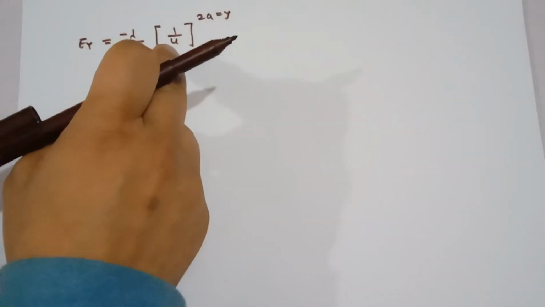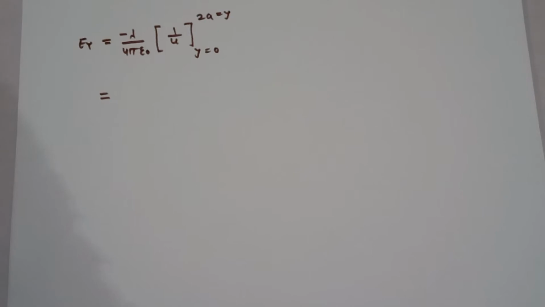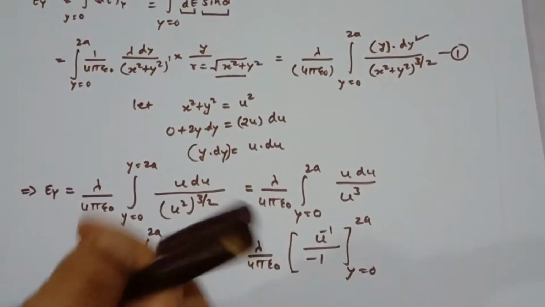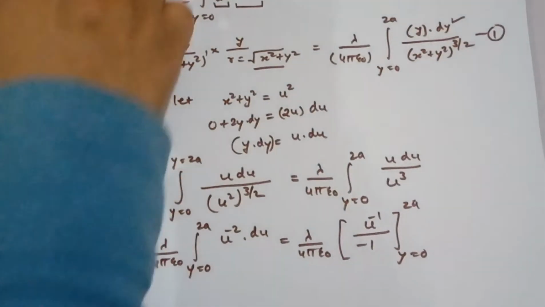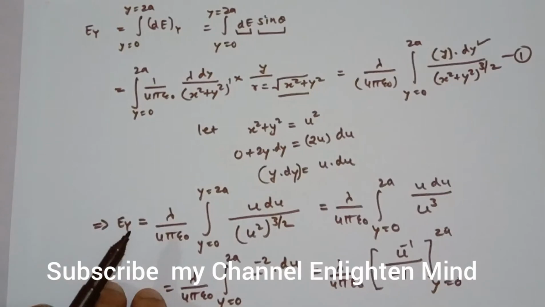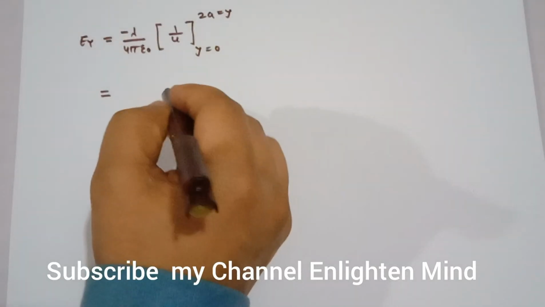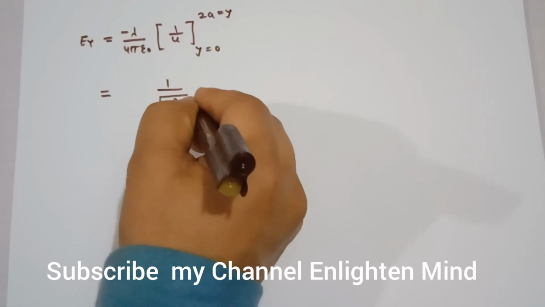Okay, so now here this is for y, right? So it means that u now has to be replaced in terms of y, and we know that x square plus y square is equal to u square, so u was basically the square root of x square plus y square. So in place of u, you can write square root of x square plus y square.